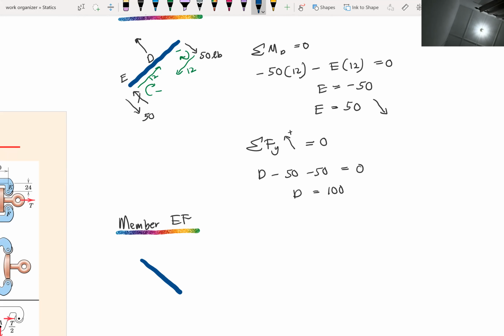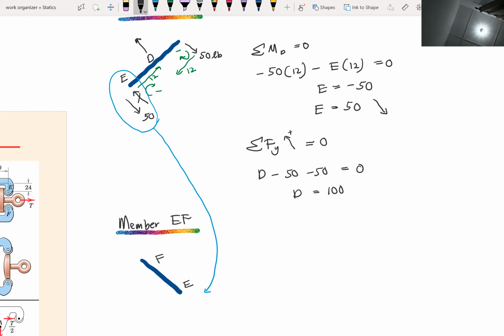This is E, this is F. Since at E we know it is negative 50, we just put it here, but in the opposite direction.